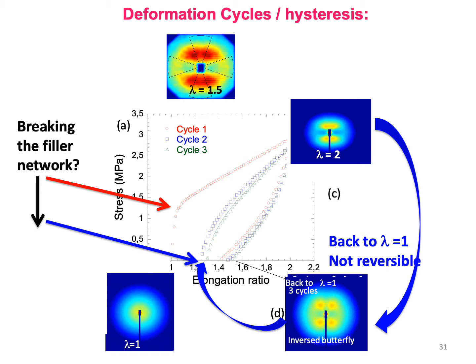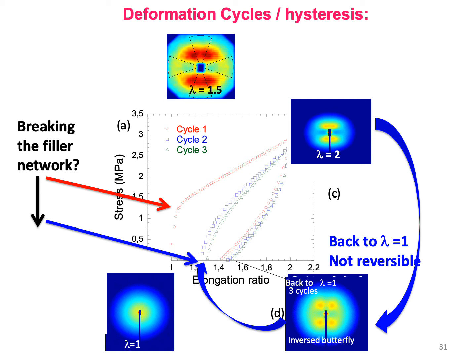Let's take the curve of cycle 1, which is red. You see that when we first deform the material, there is a very steep increase, and then the stress evolves much more slowly. And during all this variation, you observe the butterflies for lambda equal 1.5, 2, and 3, which have a classical shape.